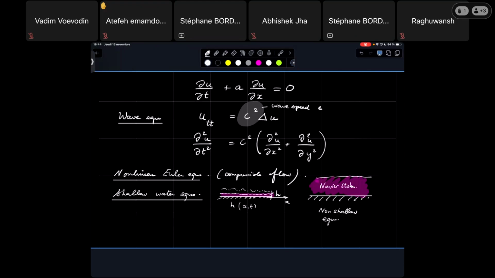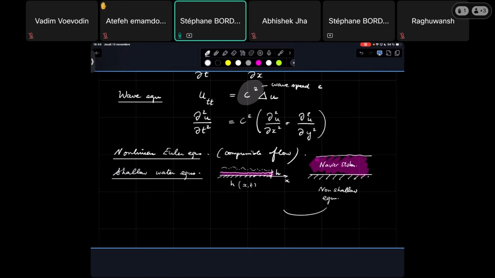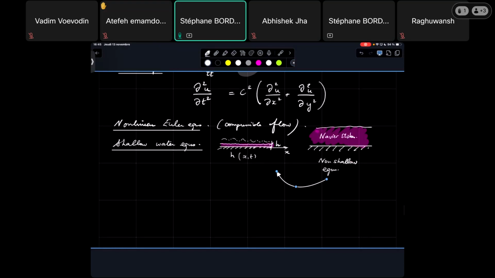And in the group, one of the guys, Patrick, has been working on how to transform the case of Navier-Stokes into the case of shallow water equations when you have a change in regime, so a regime shift. So for example, you might start with a flow which is bulky like this, but then that might transform into a shallow water case.